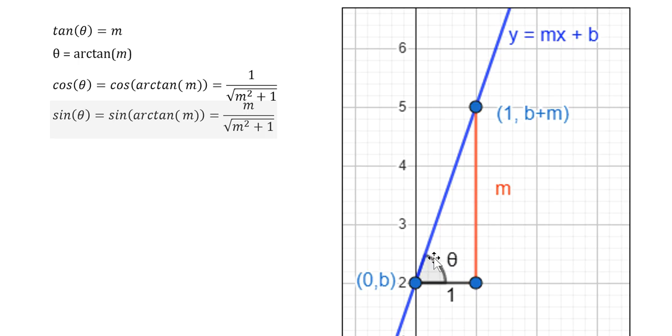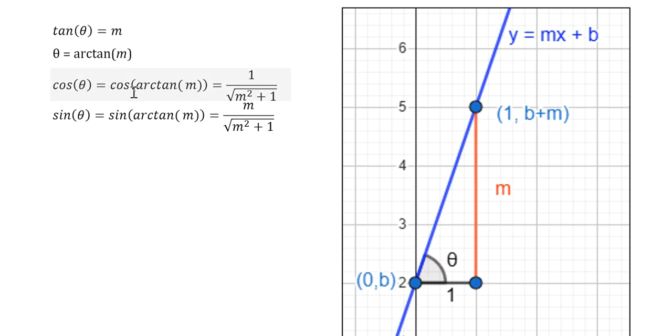Also notice that if you take this right triangle right there, opposite over adjacent is the tangent of that theta. So tangent of theta is actually the slope of that line. Okay, that's an important observation. So theta, the angle that it makes with the horizontal, at least one of the possibilities, the easiest one, is the arctangent of m.